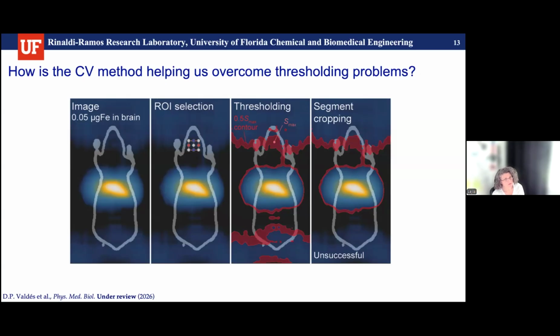Because you already selected your ROI in the brain, you could take a small cubical region, search for Smax over there, and only threshold within that cubicle, and not bother with anything else. Is there a reason you're not choosing that?